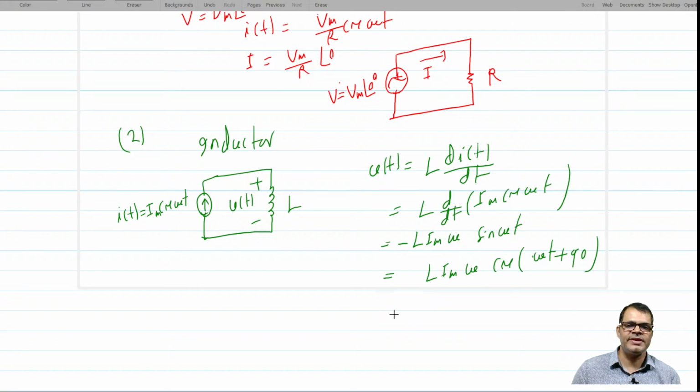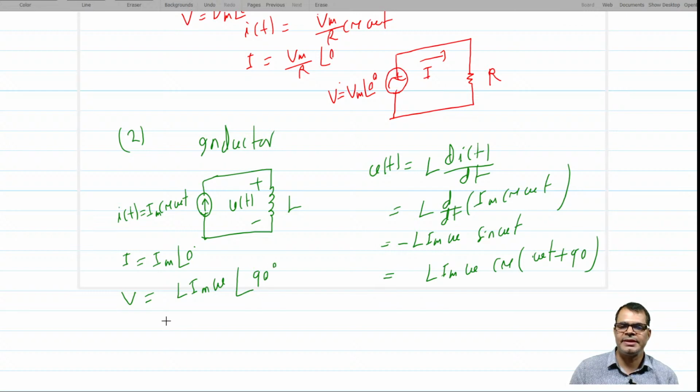So in phasor notation I'll write I is equal to Im at 0 degree and V is equal to L Im omega at 90 degree. What is this 90 degree?